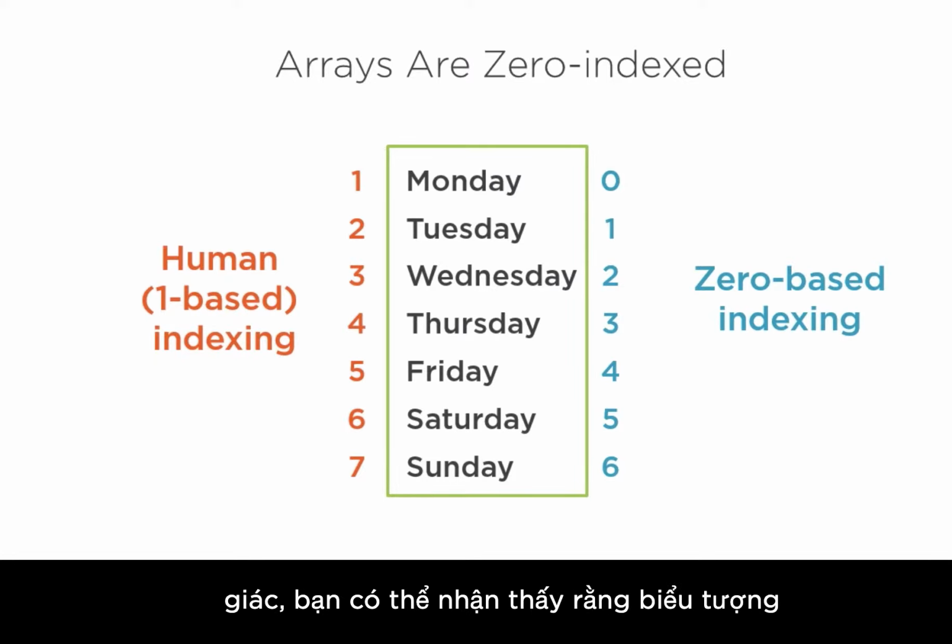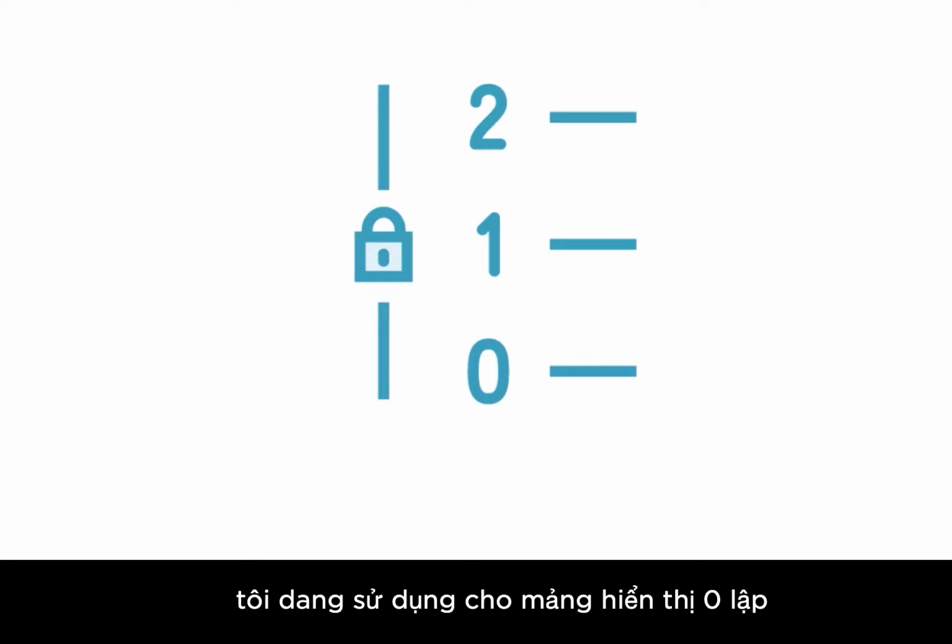If you were being alert, by the way, you may have noticed that the icon I'm using for arrays shows zero-indexing. I deliberately designed the collection icons for this course so that they represent aspects of how each collection works, because I think that's a good mnemonic for you. The padlock, by the way, represents the fixed size.